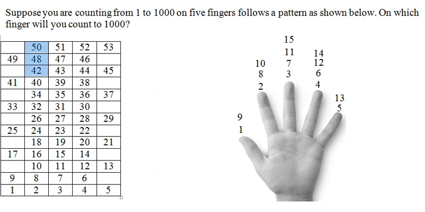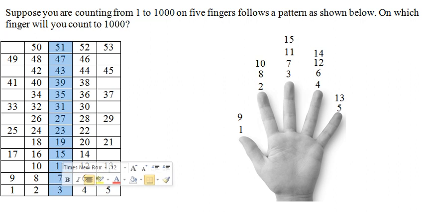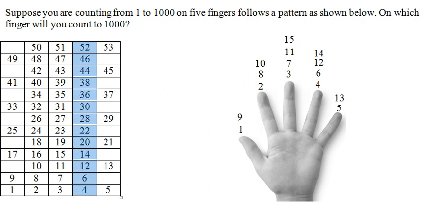Okay, the next one: 2, 8, 10, 16, 18, and so on. All these numbers are even numbers. 1000 is an even number, so maybe the answer is this finger. The third finger, all odd numbers, so probably 1000 will not be on this finger. The fourth finger, all even numbers, so maybe the answer is the fourth finger.